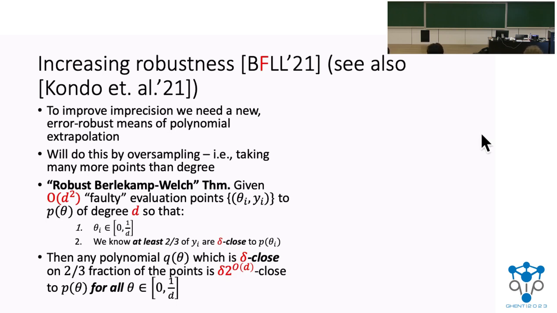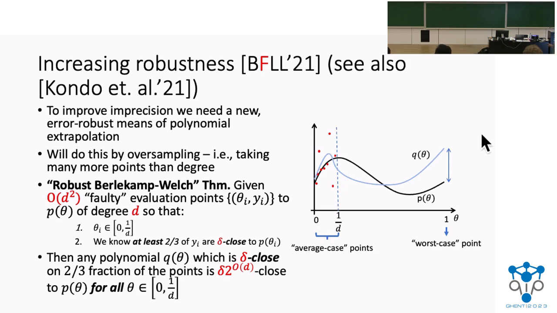Then what we show is that, in fact, for theta anywhere between 0 and 1 over d, the maximum distance between the evaluation of q of theta and the evaluation of p of theta is delta times 2 to the O of d.